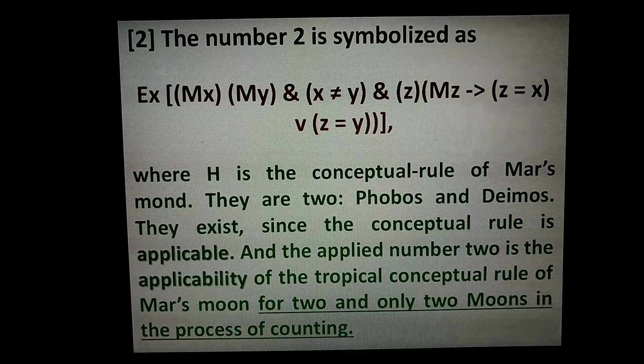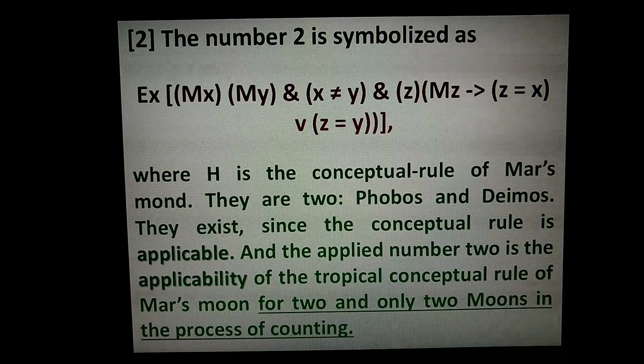The number 2 is symbolized as: there exist an x and an epsilon, so that Mx, M means Mars moon, Mx and M epsilon, and x is different from epsilon, and for all zeta, M of zeta implies that zeta is x or zeta is epsilon.